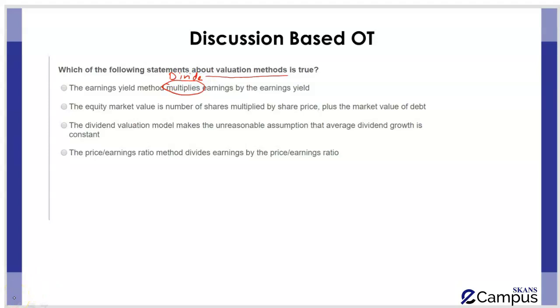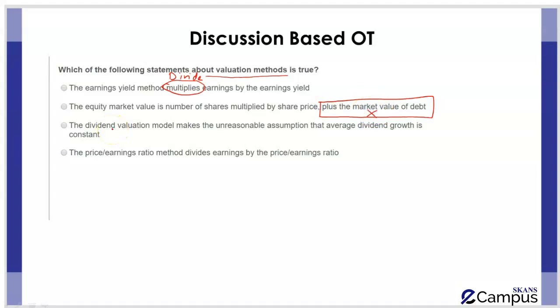With this method, your critical thinking will become more familiar, and if there are complex or close options, you will be able to answer correctly. Similarly, let's read the second option. The equity market value is the number of shares multiplied by share price plus the market value of debt. Once again, this statement is false, because for the calculation of equity market value, we should not include the market value of debt.